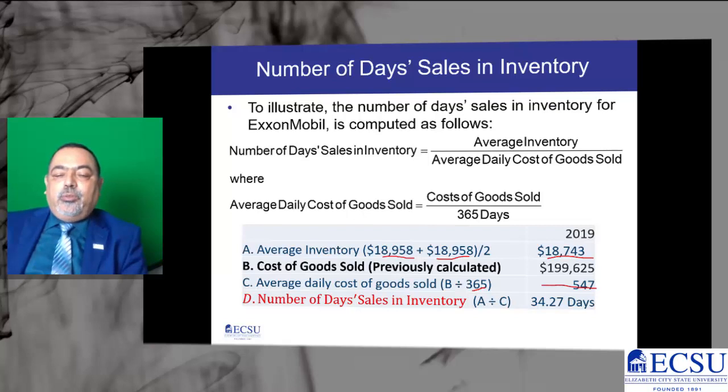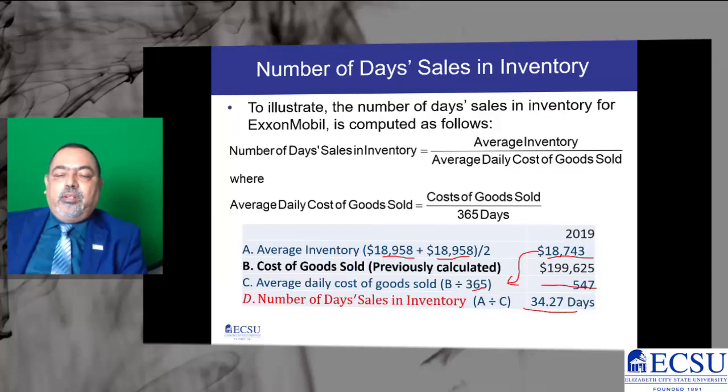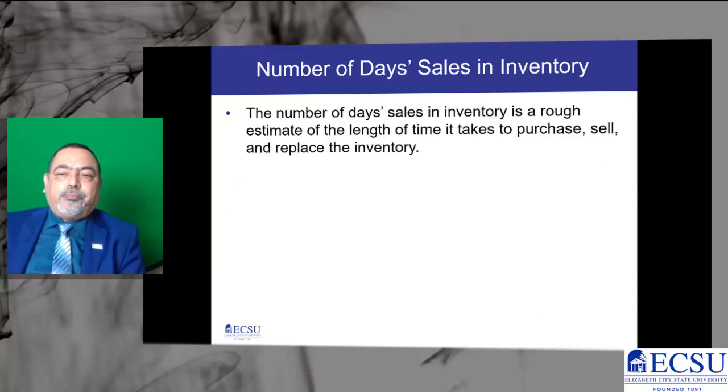And then you do A, that is average inventory divided by this figure, will give you 34.27. The same answer we got in the previous formula as well. These are alternative formulas and will result in the same. So we're taking a little more than a month to roll our inventory.